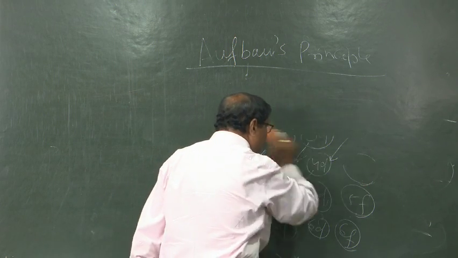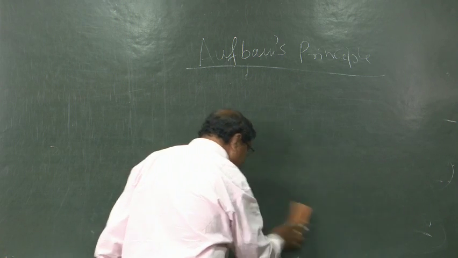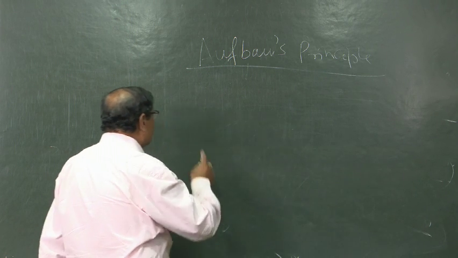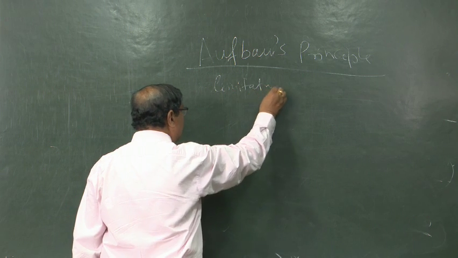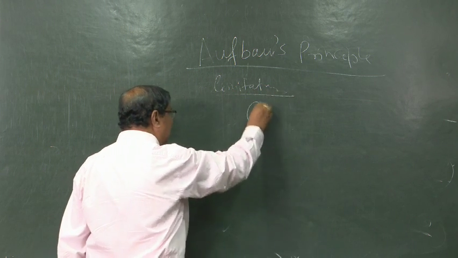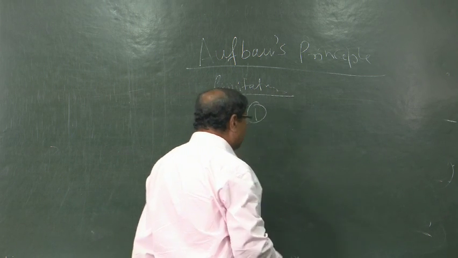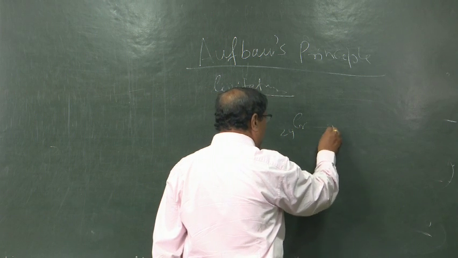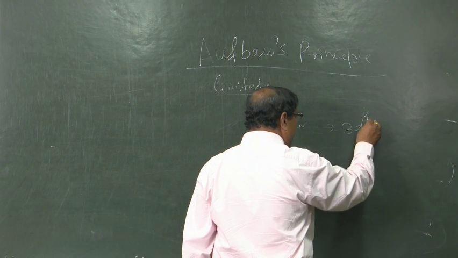Now, these are the ways of filling up the electrons in different orbitals, the sequence of filling up the orbitals. Then what are the limitations? There are some limitations. The first limitation is, if you go on filling in this sequence for chromium 24, the outer electrons would be 3d4 4s2.